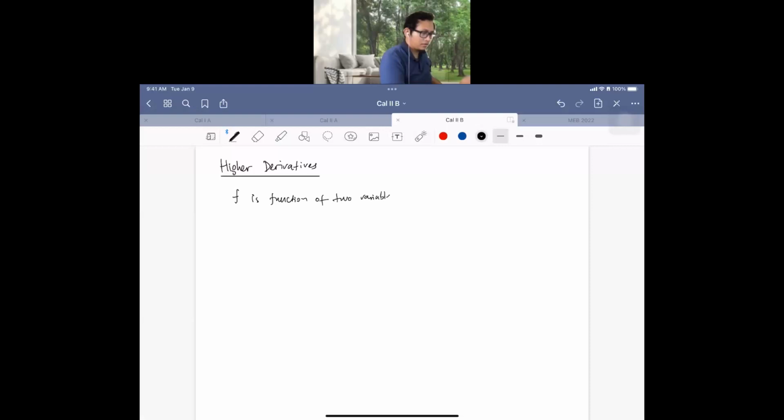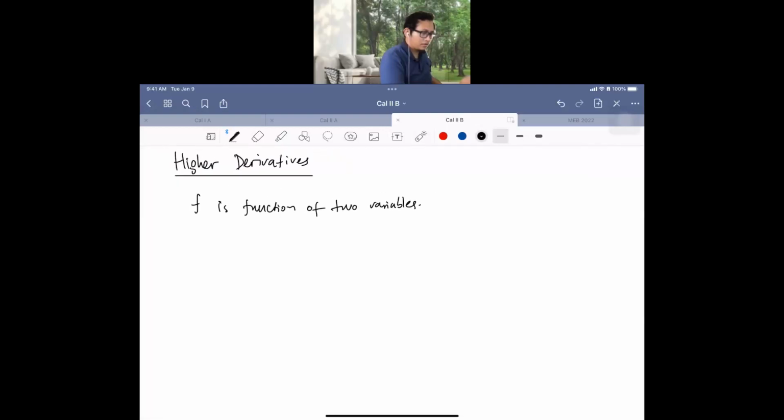We know that we can take, say, fx and fy, we can have partial x, and we can have partial y.